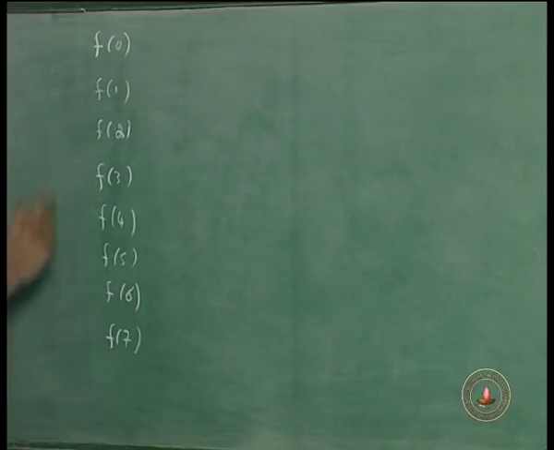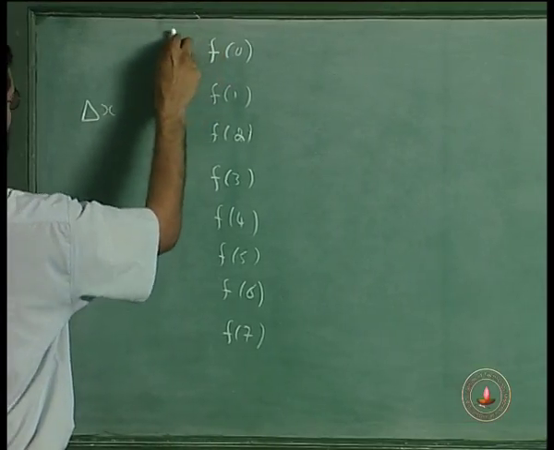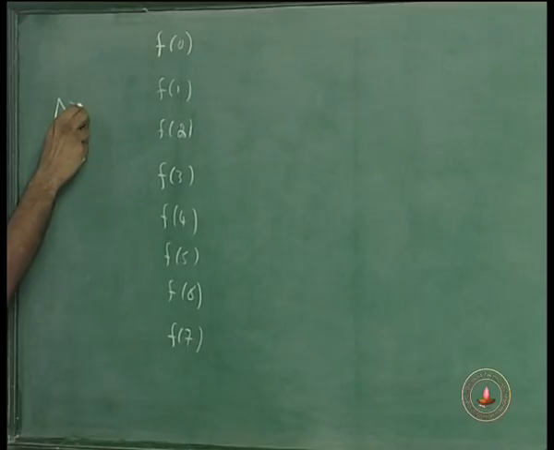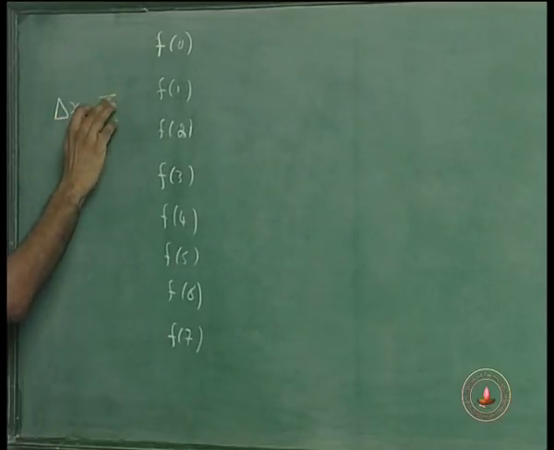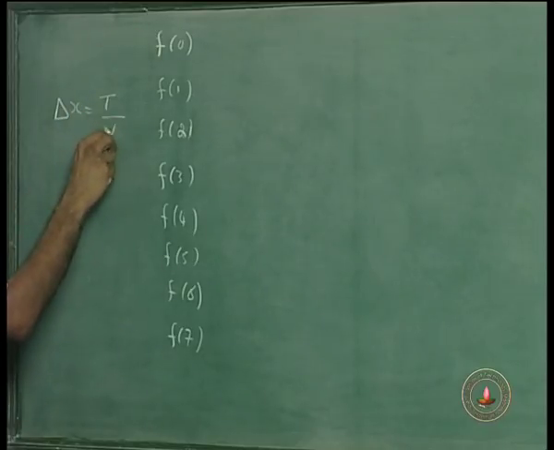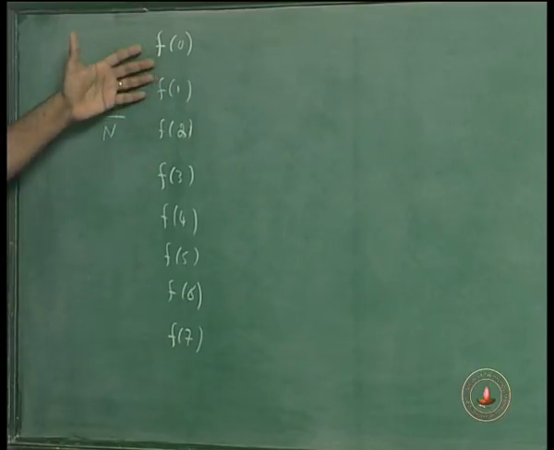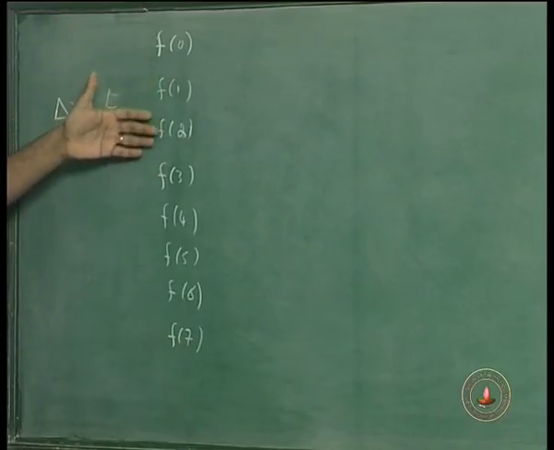These are tabulated at equal intervals. So we said delta x, the distance between them, for f of x that we are tabulating, is the whole interval divided by n. So let's say L divided by n in the case of a spatial variable, where n is now 8 here. Then we have these tabulated function values.